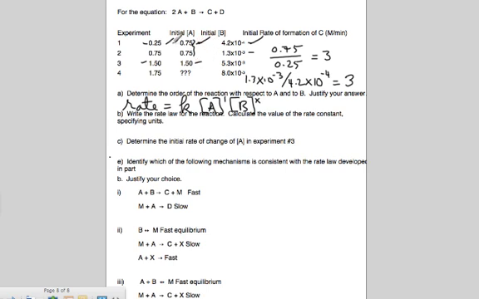So between experiments 1 and 3, let's go ahead and do the rate part. 5.3 times 10 to the minus 3 divided by 4.2 times 10 to the minus 4, and that is equal to 12.6.